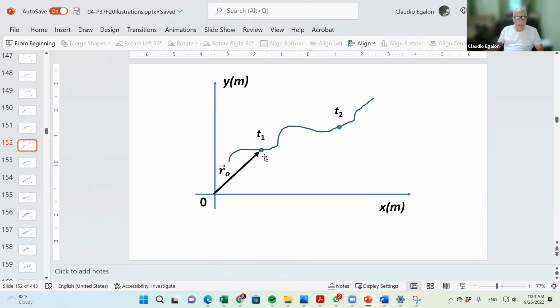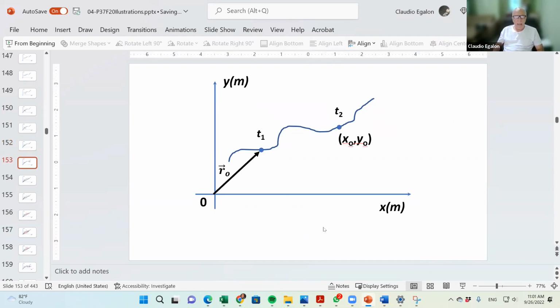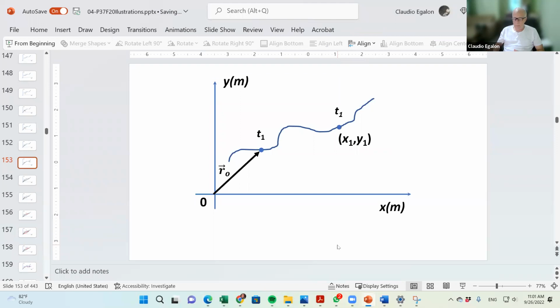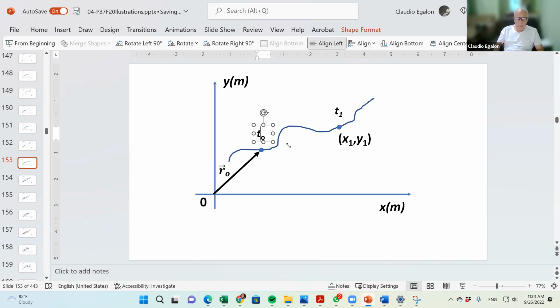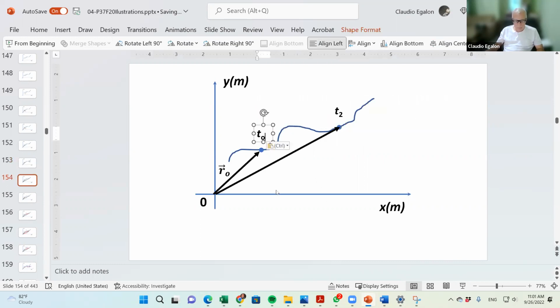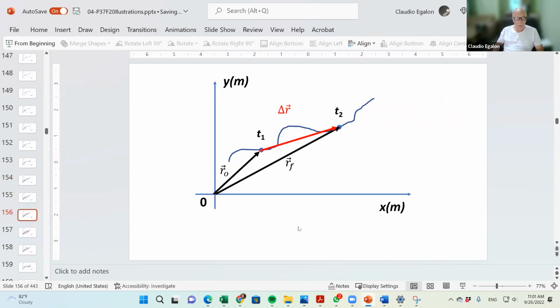I put T1 here, and this one now is going to be T1. And this one's going to be X1, Y1. Let me make it consistent. Let me put everything as T naught so you don't have this type of problem again.